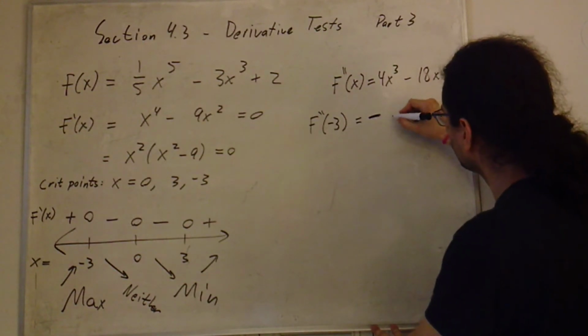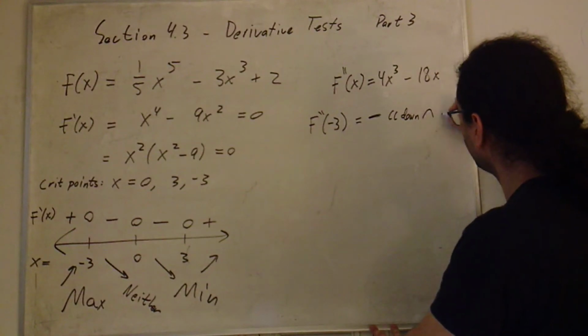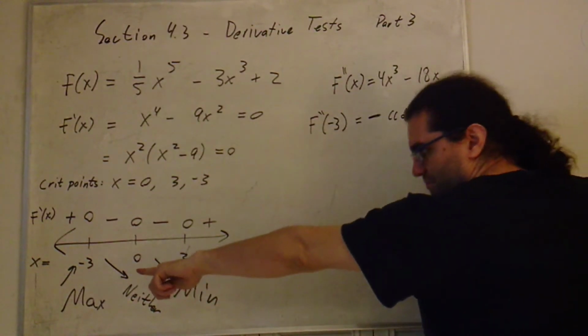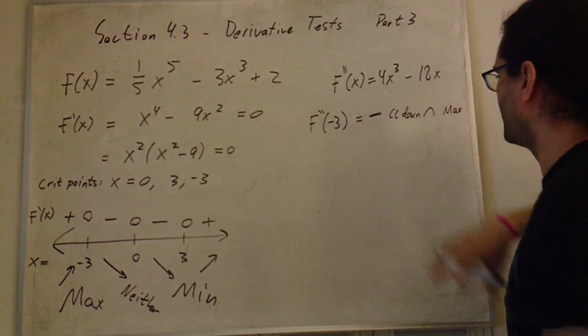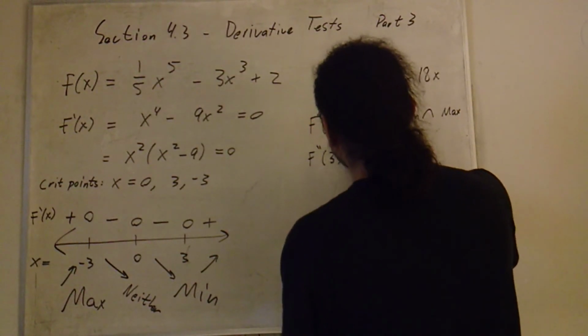So I have something that's concave down, which means it's a frowny face, which means this is a max. Which, yes, okay, this matches. F of -3 is a max in both tests. That checks out.